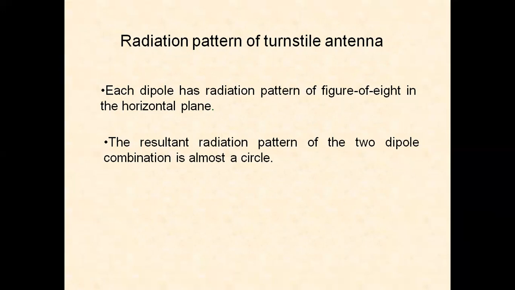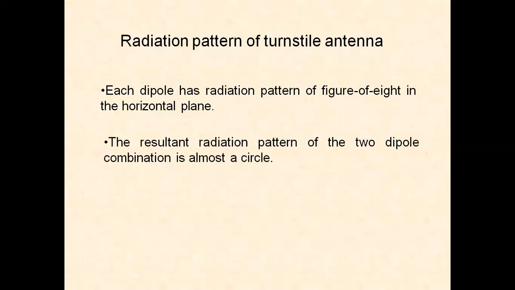So in this type of antenna, two crossed dipoles are used in a turnstile arrangement. The dipoles are fed 90 degrees out of phase. Due to that, we get a figure of 8 pattern for each dipole in the horizontal plane but crossed with each other. The resultant field in all directions is equal to the square root of the sum of the squares of the fields radiated by each conductor in that direction.